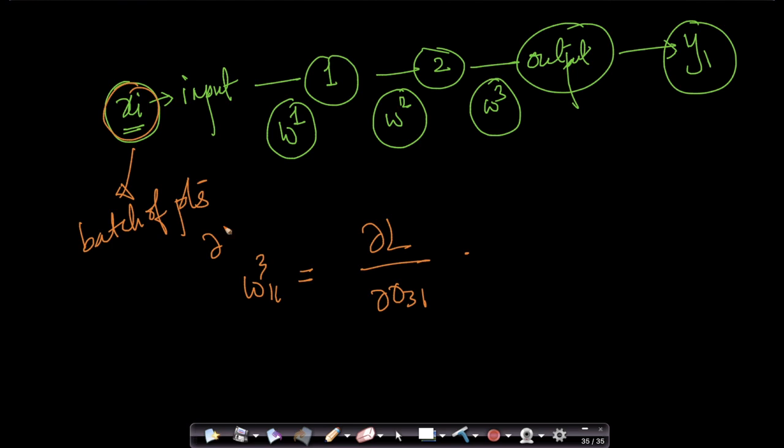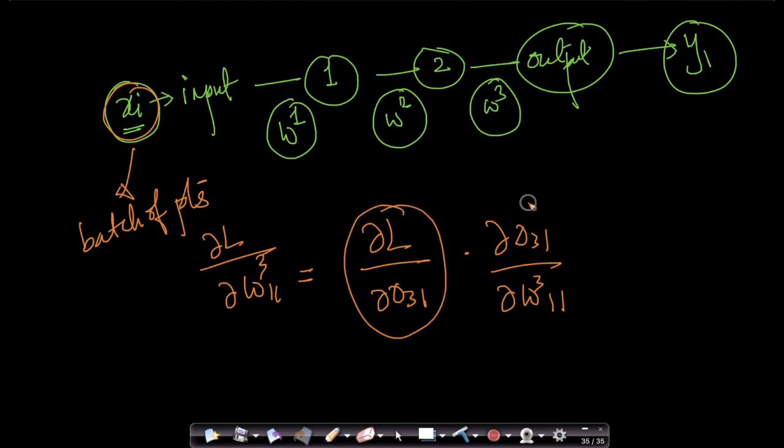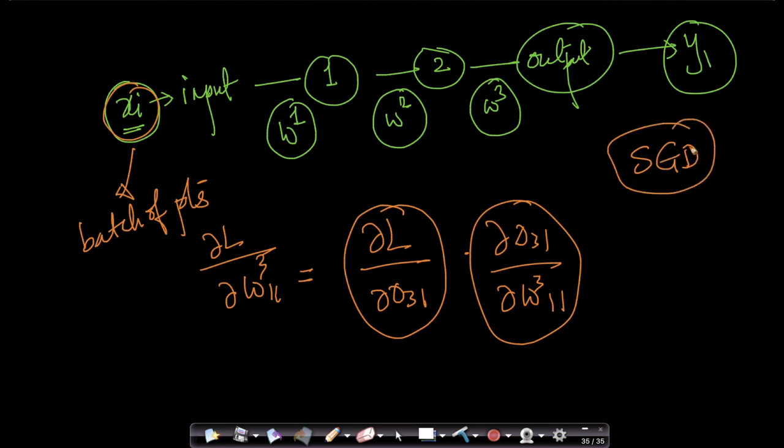The derivative of L with respect to W311 can be computed using this chain rule. Now, to compute these derivatives, if you recall our initial discussion on stochastic gradient descent in the linear regression and optimization chapter, we said there are two types of SGD. There is straightforward SGD, and there is something called mini batch SGD.